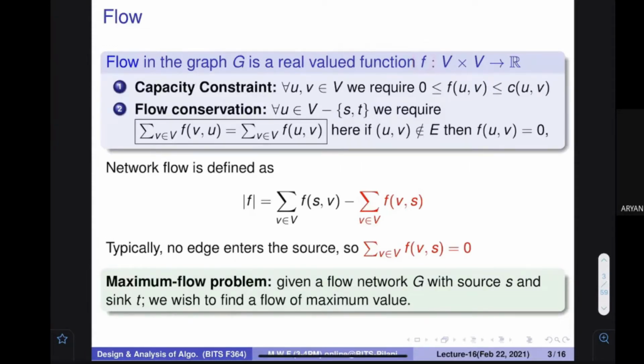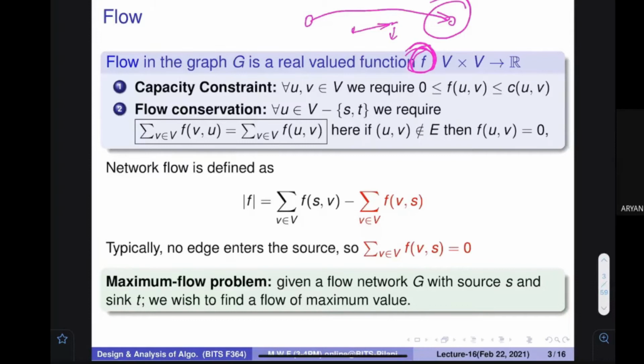Given vertices, it is a real number that tells you what flow this particular edge is going to have. There would be two kinds of flow. One is the total flow between S and T, and then in between there would be flow between each of the nodes. So this is the network flow, and the flow between two nodes we are going to represent using a value f.